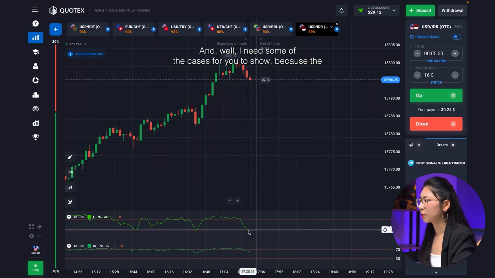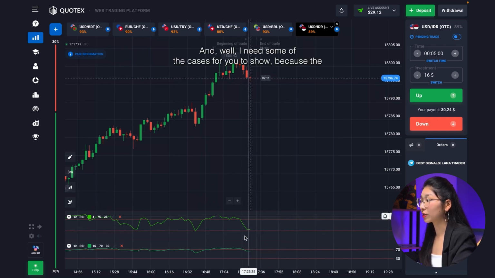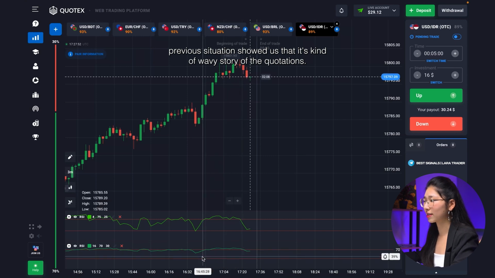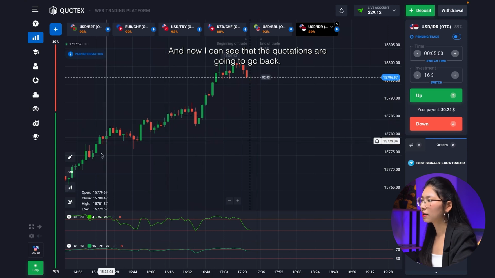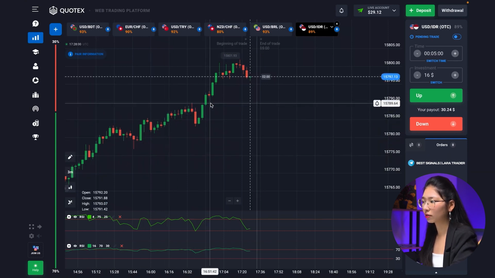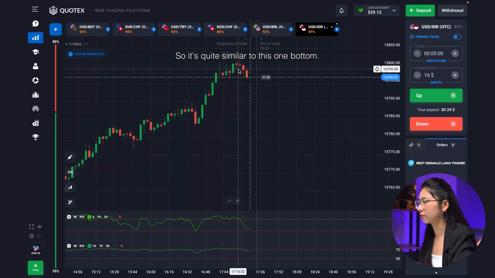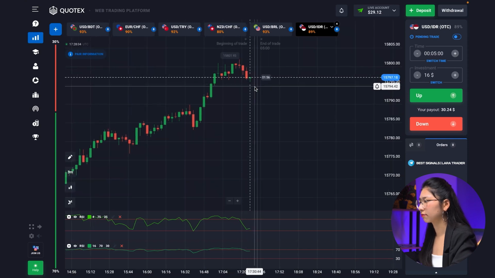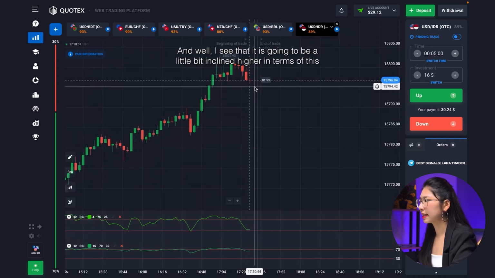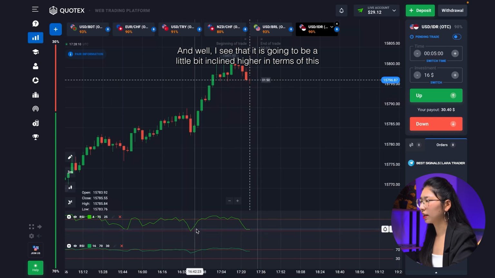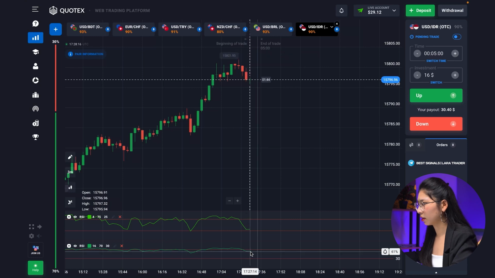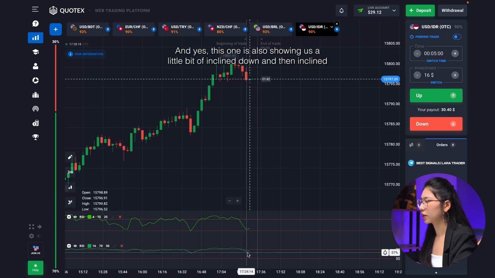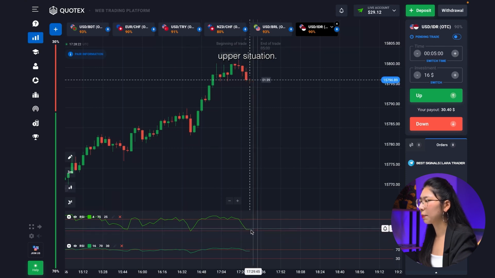Okay. I need some of the cases for you to show, because the previous situation showed us that it's kind of way the story of the quotations. And now, I can see that the quotations are going to go back, so it's quite similar to this one button. So well, I see that it's going to be a little bit inclined high in terms of this very side of the period of 16. Yes, this one is also showing us a little bit of incline down and then incline upper situation.